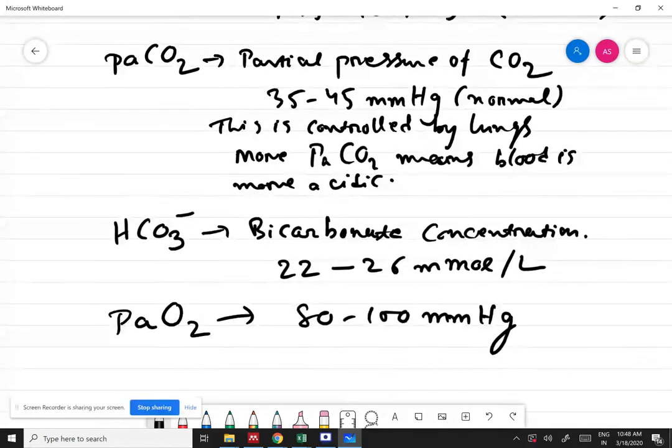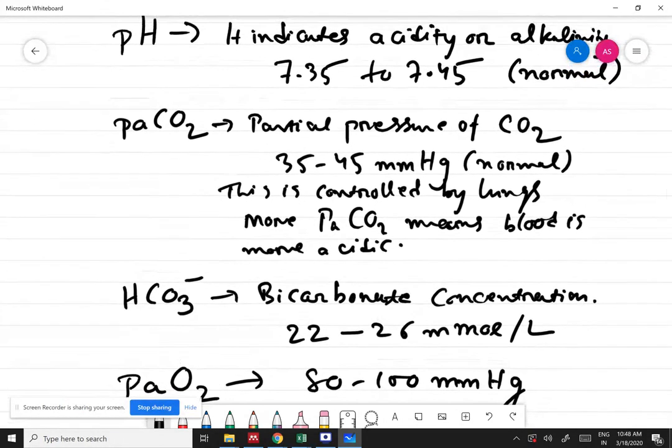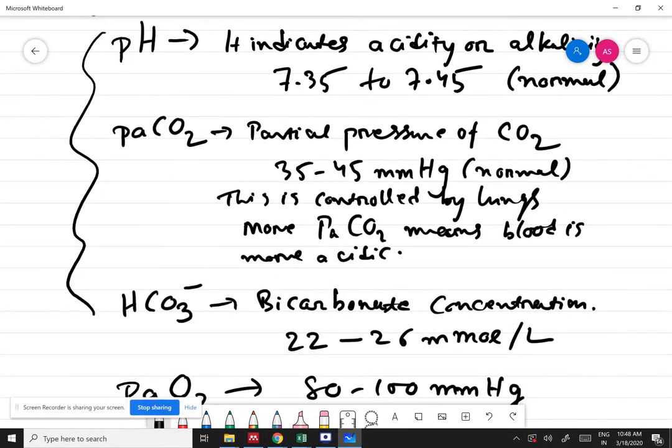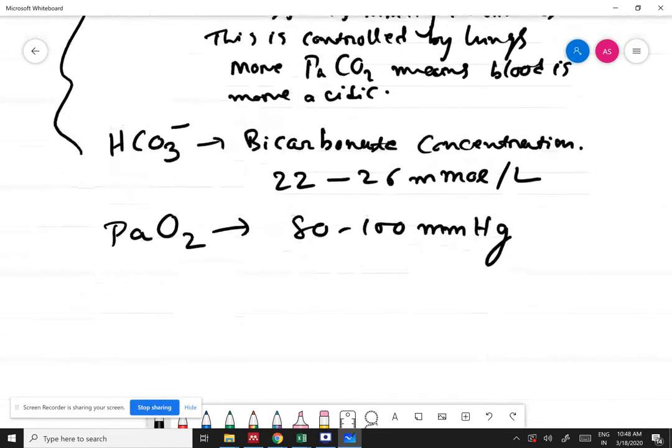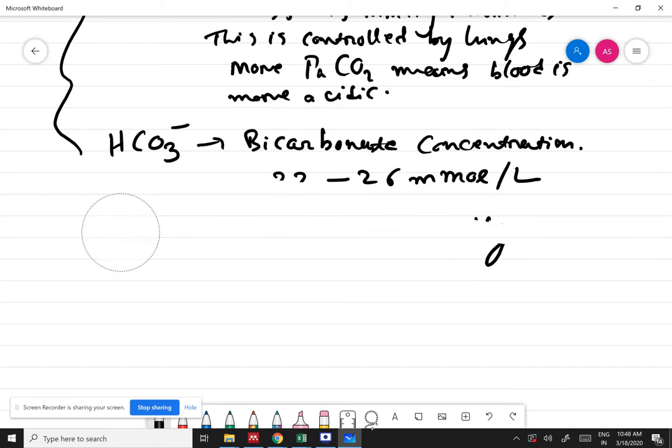Okay, but in normal arterial blood gas analysis, only these three parameters are the important ones. Another thing I forgot to mention is that HCO3 minus normal is between 22 and 26 millimolars per liter.